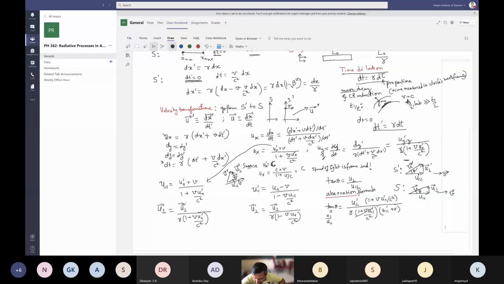So this just goes away. So this is your tan.